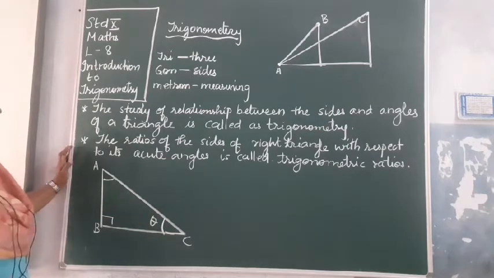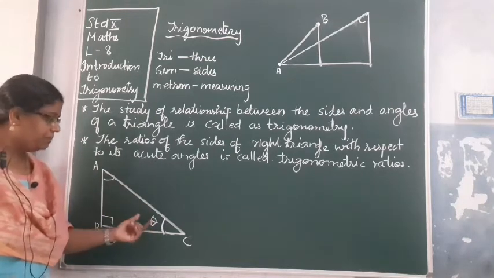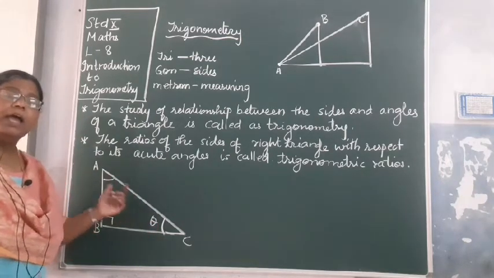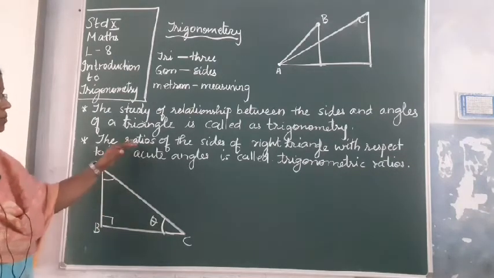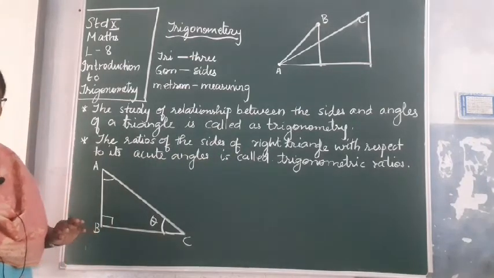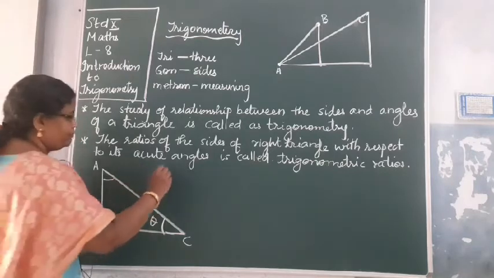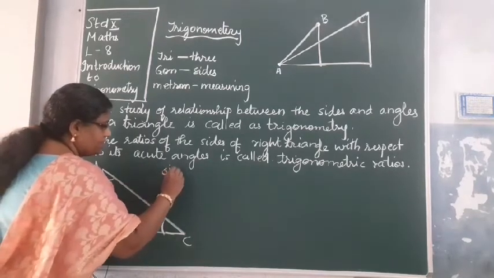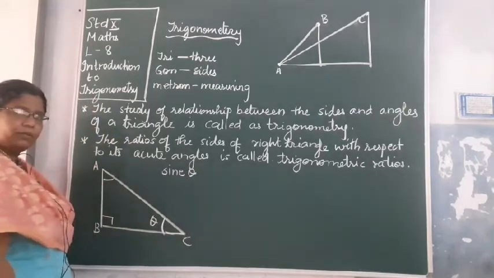Okay? We will try to find a relationship between this angle theta and the sides of the triangle. And those ratios are actually called trigonometric ratios. So first and foremost, the first ratio is represented as sine theta. Okay.